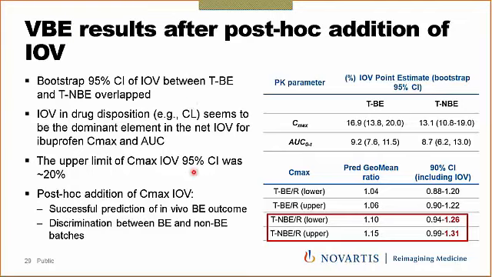And for further assessment of the virtual bioequivalence results, as a worst case scenario, we used the upper limit of the bootstrap confidence interval, which was around 20%, as you see here, for the Cmax at least. So addition then of the interrogation variability to the PBPK estimates, and then recalculation of the confidence interval based on those point estimates that we had from the PBPK results, nicely now discriminated between the bioequivalent formulation and the non-bioequivalent formulation.